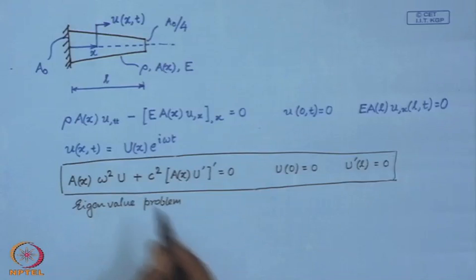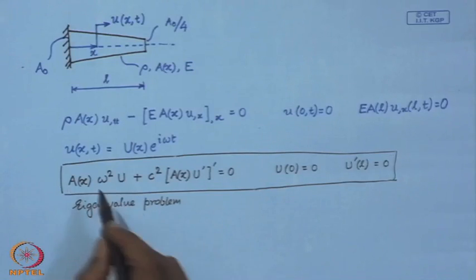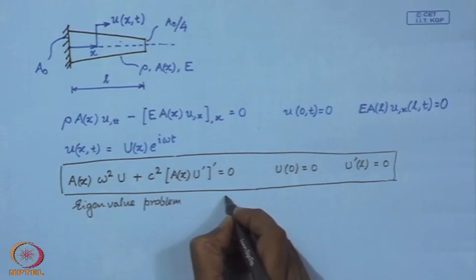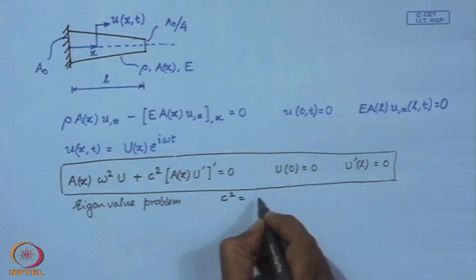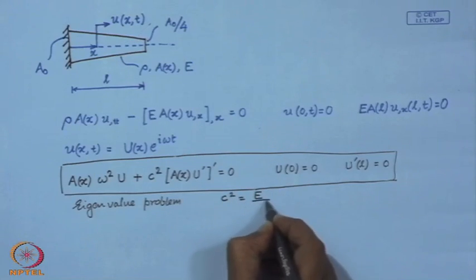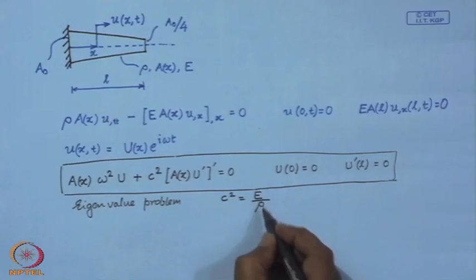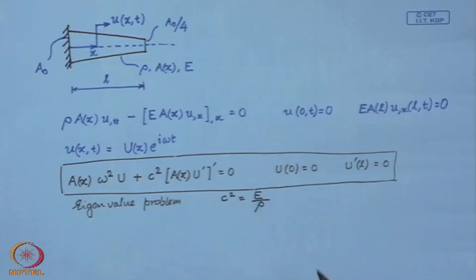So, we have to solve this eigenvalue problem in order to find out the circular eigen frequencies or circular characteristic frequencies omega and the corresponding modes of vibration, which are given by the eigen functions of this eigenvalue problem. So, here of course, C square is E, the Young's modulus, divided by rho.